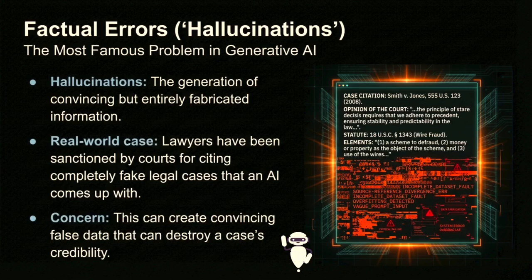He actually used it in his paper and filed it to the court, and the court noticed that, and he was sanctioned by the court, so he cannot be a lawyer anymore. So that's why it's very crucial, when applying generative AI in the judicial process, that if hallucination still occurs, it destroys the credibility of the case.